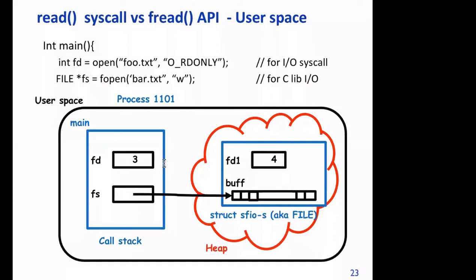Note that there is another file descriptor. Now this 3 corresponds to the first instruction where you are using the syscall. There is something called fd1 equal to 4, which corresponds to the stream that we are using, because internally it will be converted into a syscall.